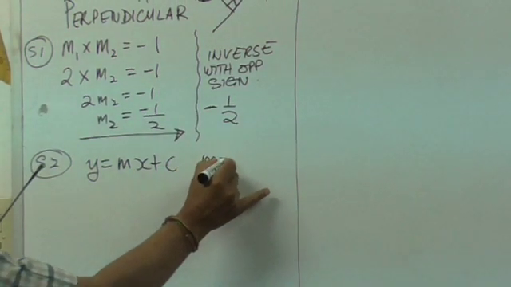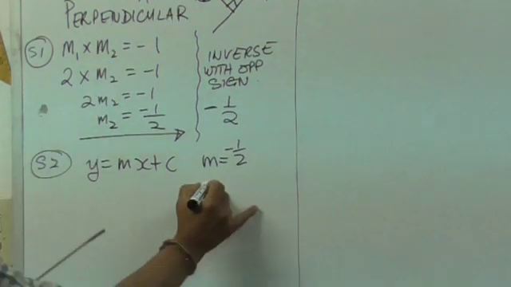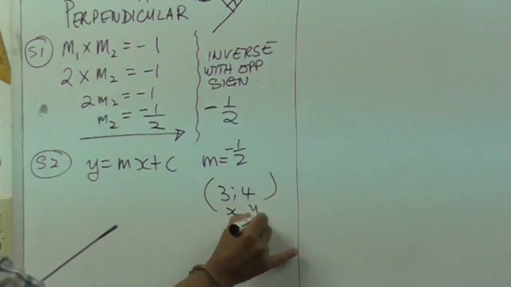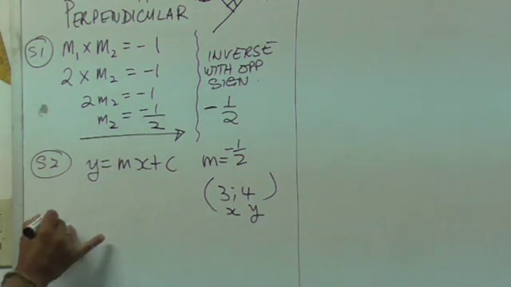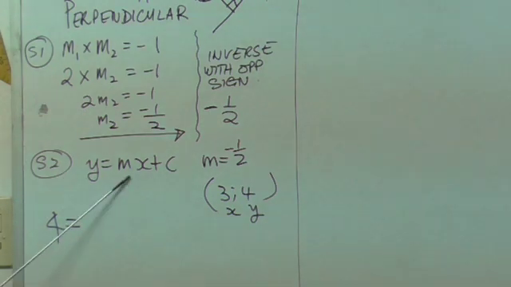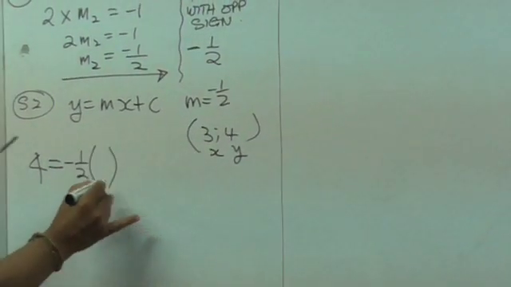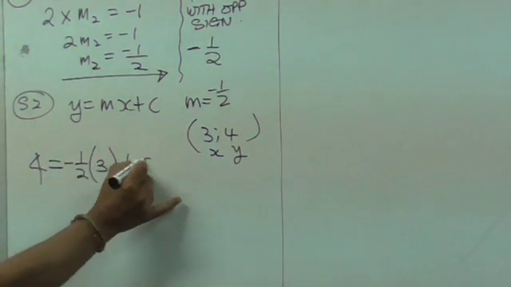You take your m, which is minus half, and you take the ordered pair through which it passes, (3, 4). Call this x, call that y. Now you will substitute those here. So what is y? Y is 4. What is m? M is negative half. What is x? X is 3, plus c.